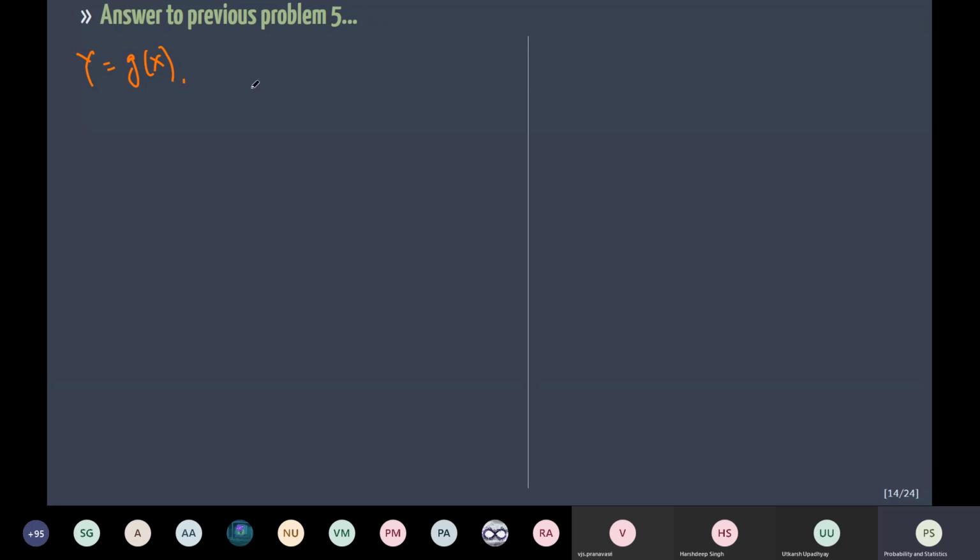So what are the things we have observed? We have observed that the range of x is minus pi by 2 to pi, and the range of y is minus 1 to 1. Now we have the partitions defined and the ranges well defined.